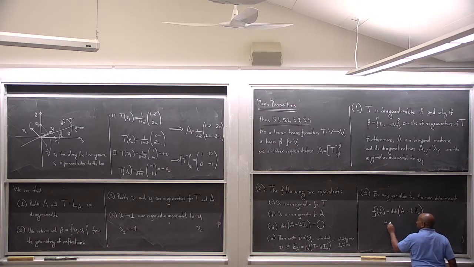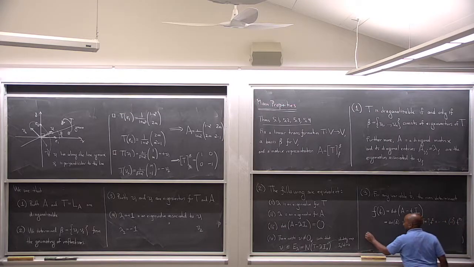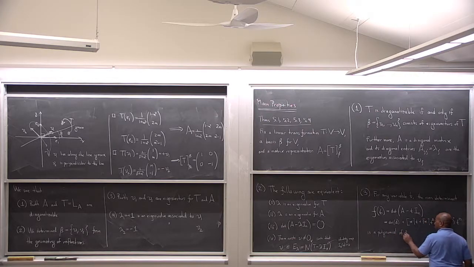So this here has a constant term plus something times t plus something times t squared, and it goes all the way up to minus 1 to the n times t to the n. Right, so again, I have these powers of t. So this here is a polynomial. In fact, this is a polynomial of degree n.